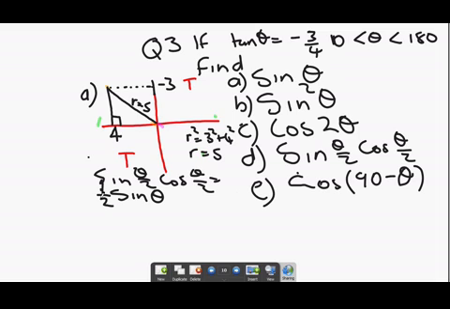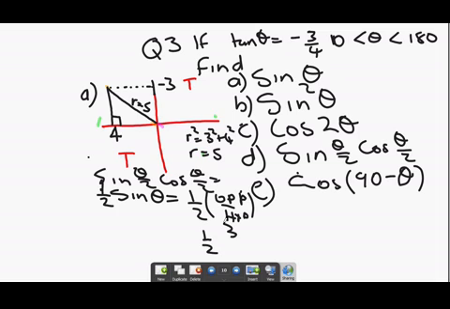Now remember, our sine theta is half opposite over hypotenuse, but remember our opposite is going to be 3.